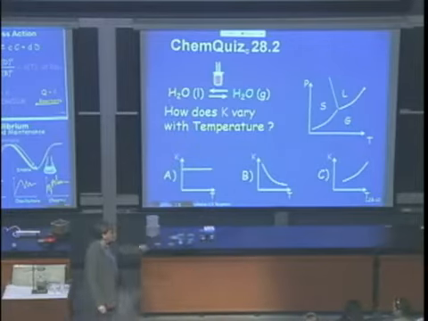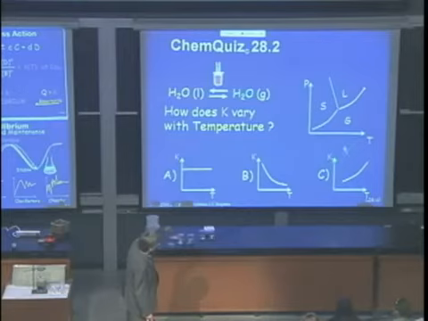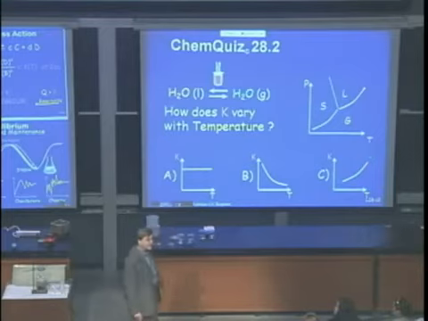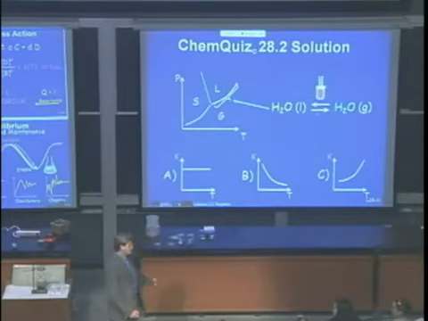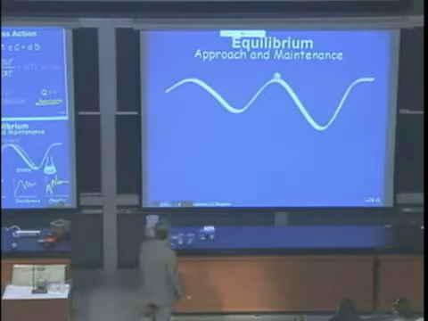So you can substitute this as K here, and so it increases with temperature. You see that? As you increase the temperature, the equilibrium constant increases. At each temperature is a fixed value, but it increases with temperature. So this is exactly this curve here, and with this is your answer. All right, good.